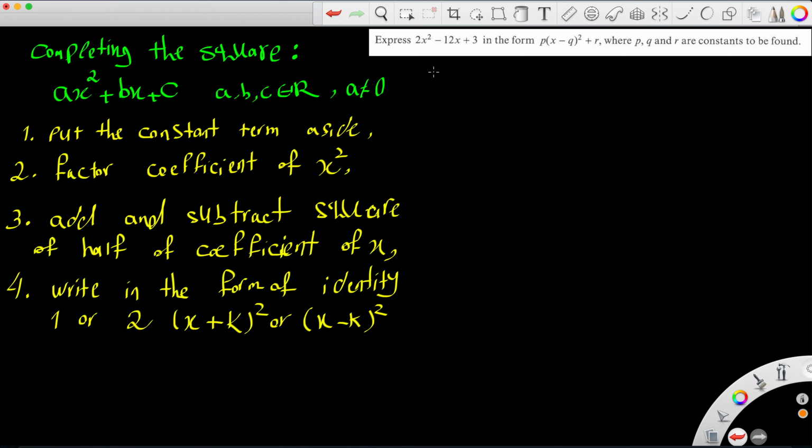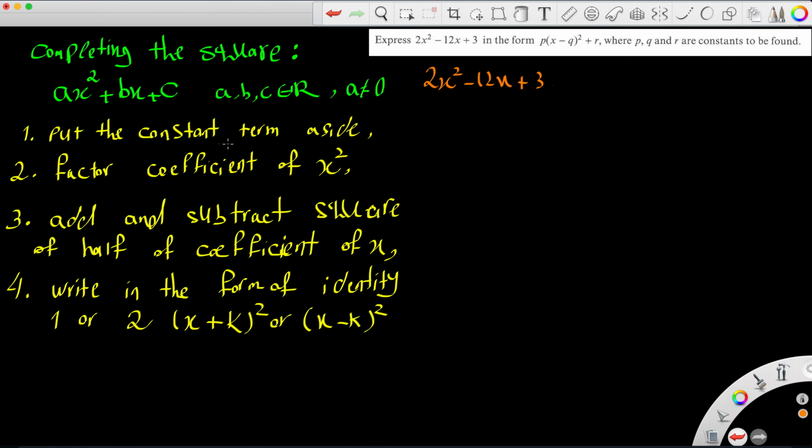Now I rewrite the expression 2x squared minus 12x plus 3. Now, as you see here, you have 2x squared minus 12x plus 3. So I step by step here do the same thing mentioned in the instruction.